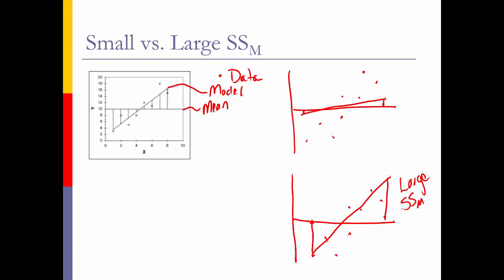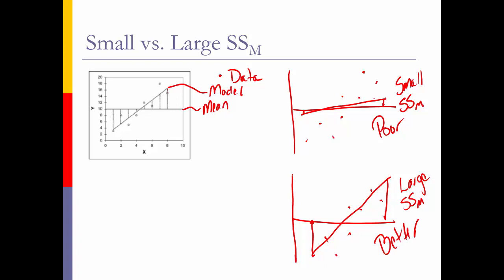That means it actually is better, much, much better than the mean at predicting the outcome. Whereas this model has a small model sum of squares. So this is a poorer model, and this one here is a much better model.